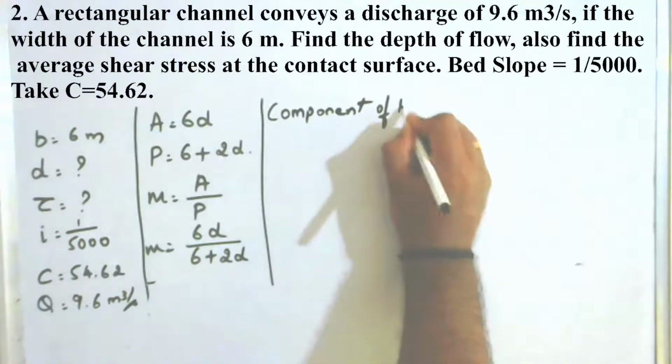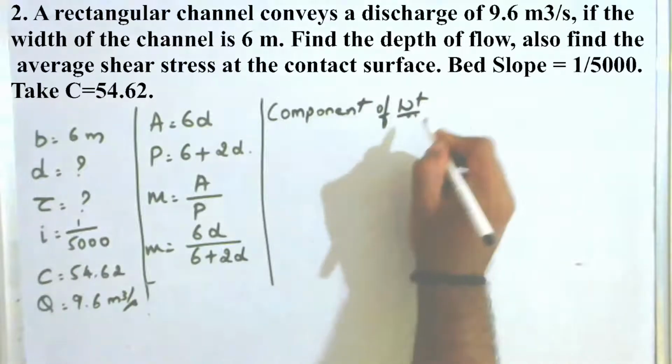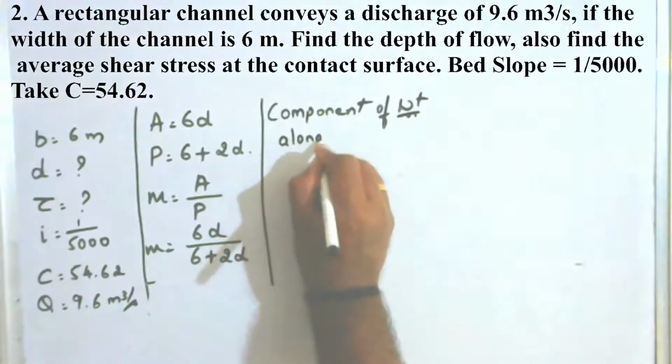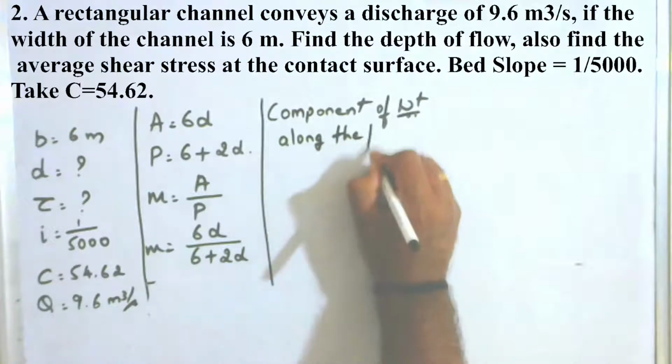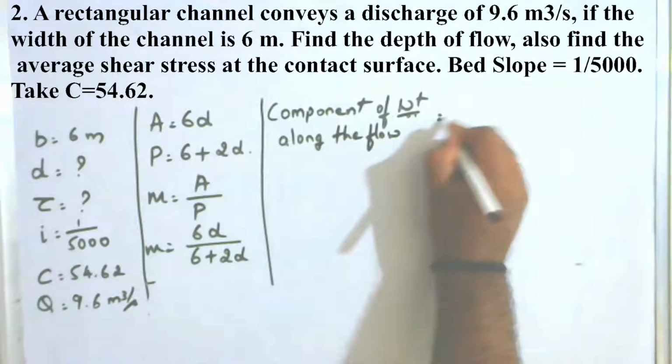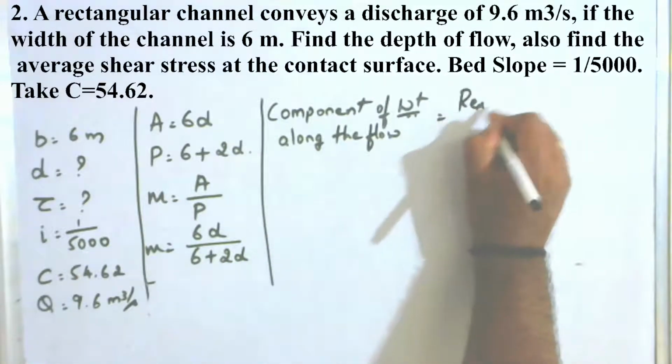Therefore, the component of weight along the flow should be equal to the resistance.